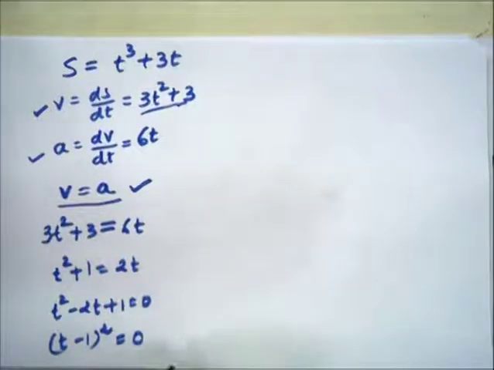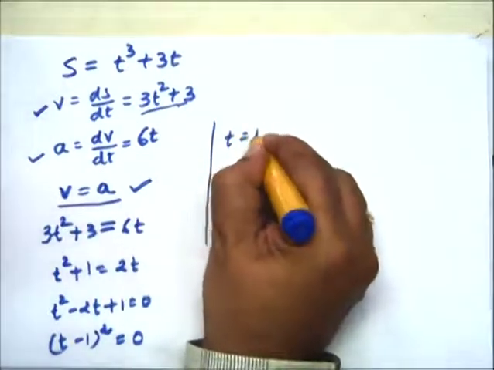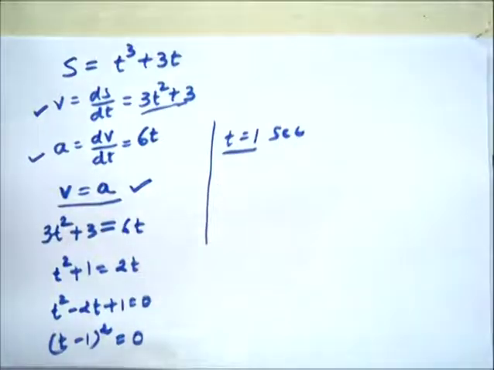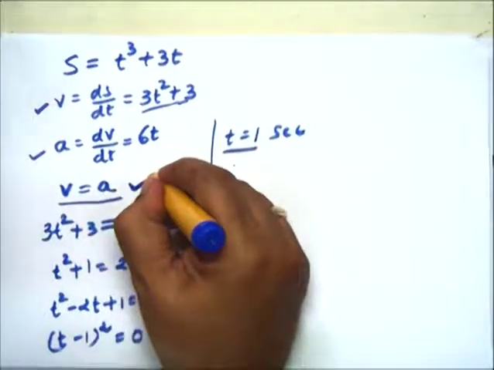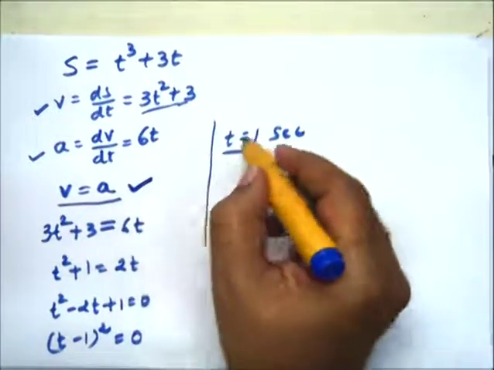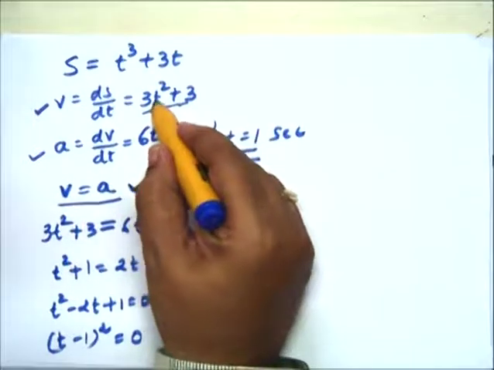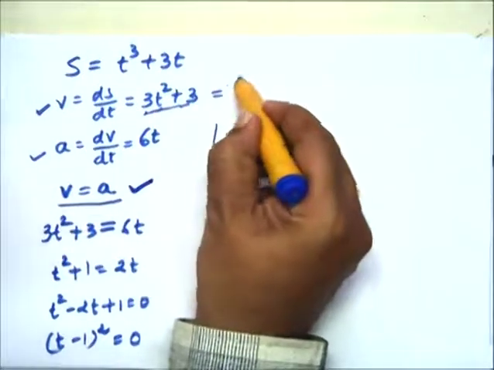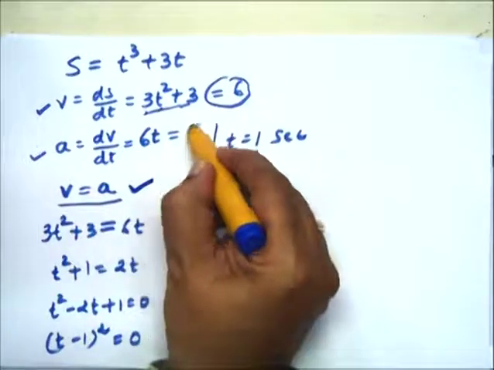So what it shows is that at t is equal to 1 second, the velocity of the particle and acceleration will become equal. If we put t is equal to 1 here, 3 into 1 plus 3, it becomes 6, and here if we put t is equal to 1, it is 6.